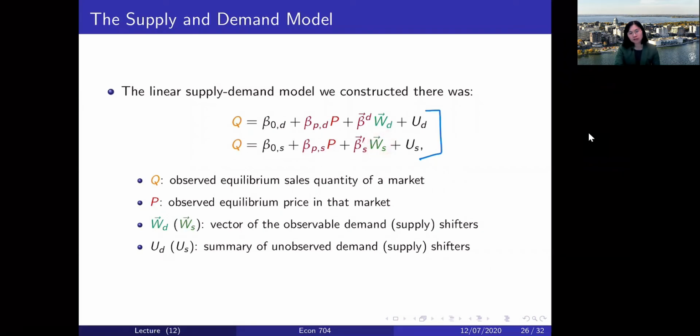In this supply-demand model, the demand and supply shifters are typically assumed to be exogenously given, while the price and the quantity are results of the demand and supply system, because both of them are results of the equilibrium.